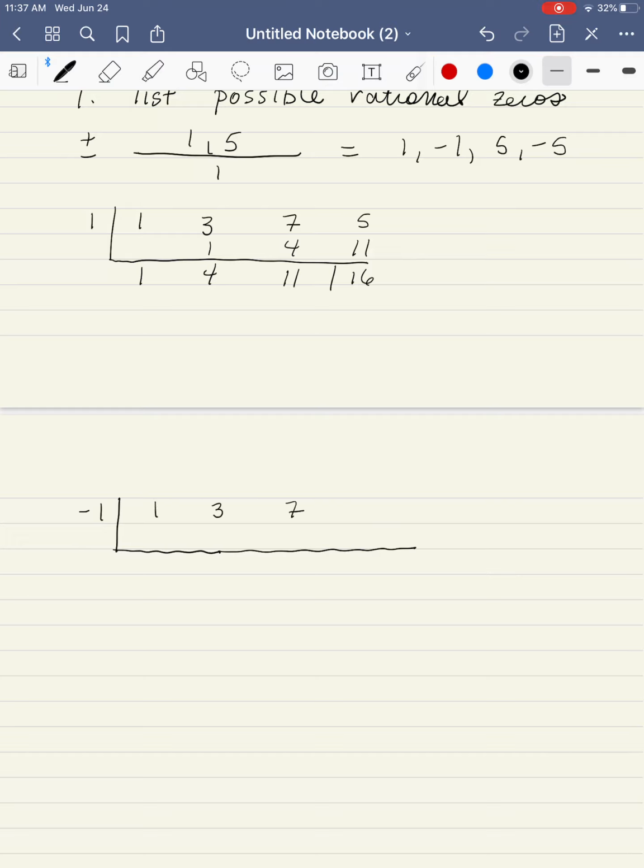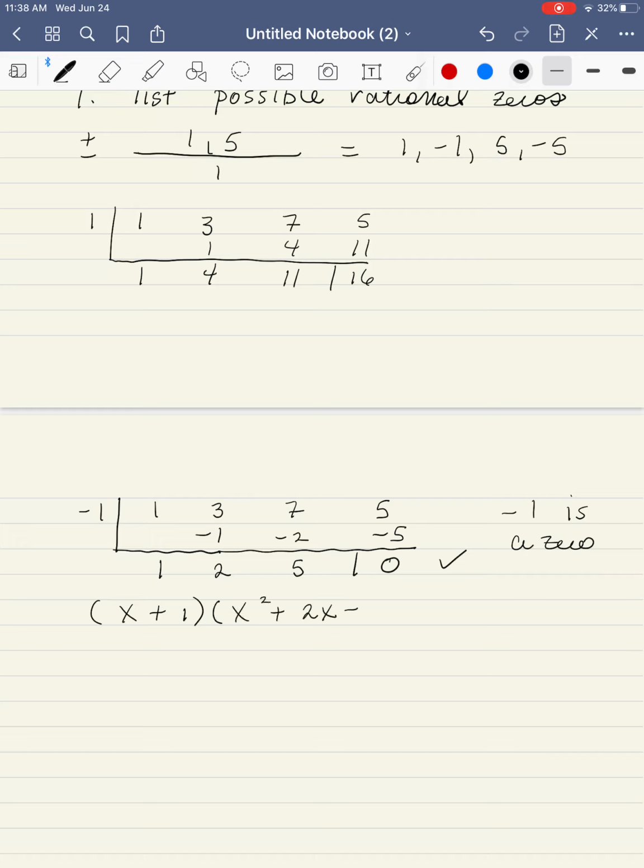I'm just going to do -1. I could have done 5 and then go to the -1, however I want to do this. And I see that, yes, I do get a 0, so that tells me -1 is a 0 of f of x.